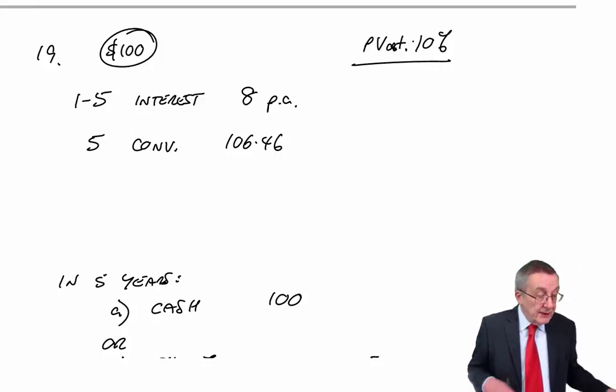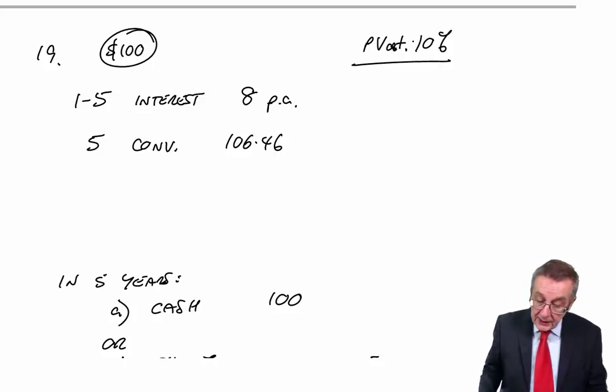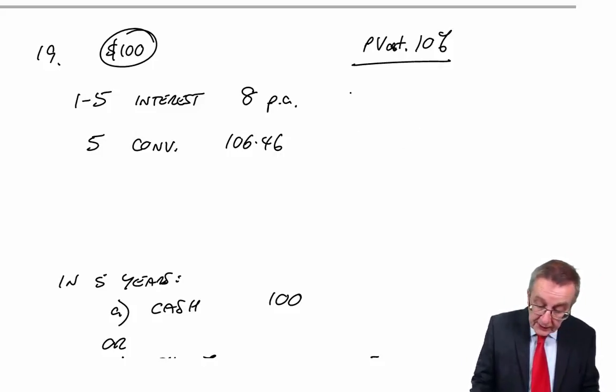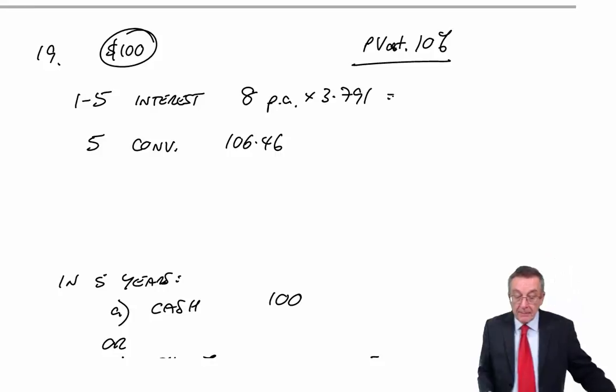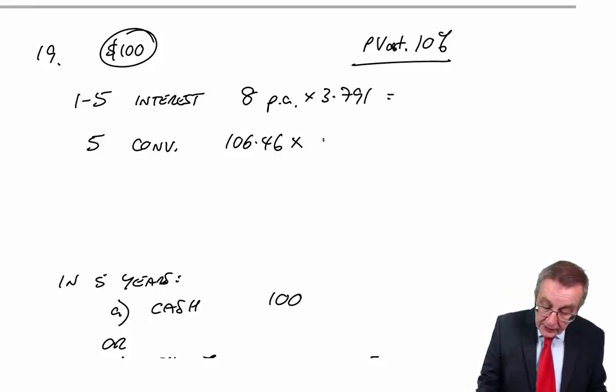So now it's the first bit of discounting we've had in the whole exam. The $8 a year is an annuity. So the factor for 5 years at 10% is 3.791. I'll multiply in a minute. But the conversion, a single flow in 5 years' time, the factor is 0.621.